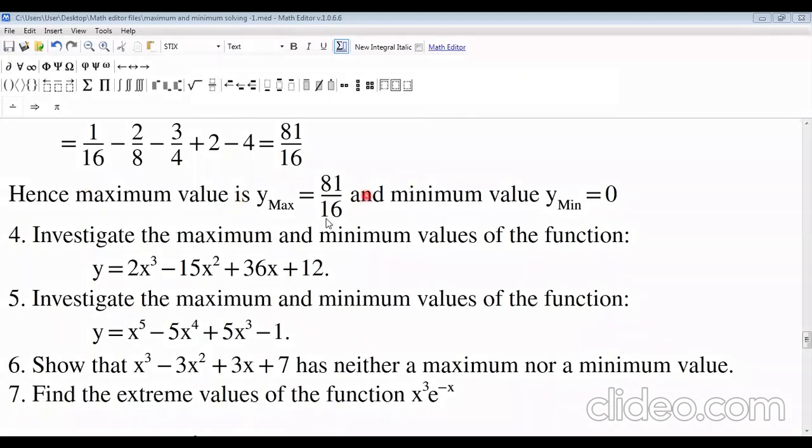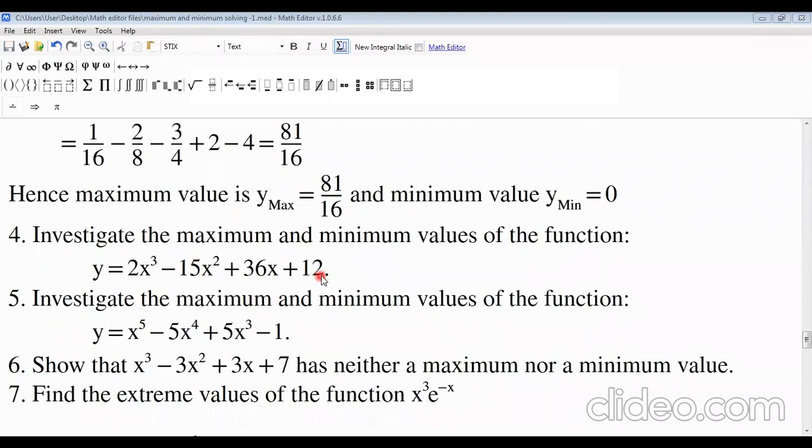This is example 4, 5 and 6. Using the same procedure, you can solve for maximum and minimum values. Investigate 2x cube minus 15x square plus 36x plus 2.